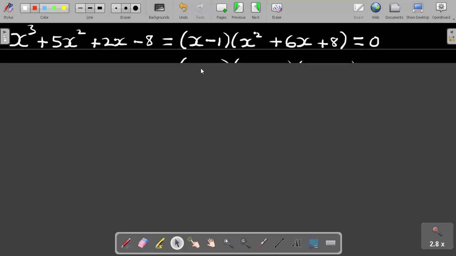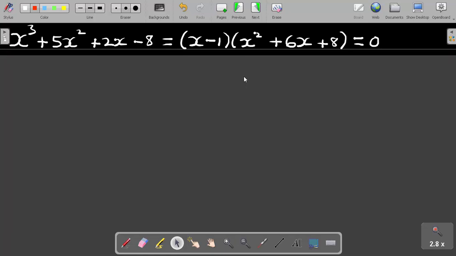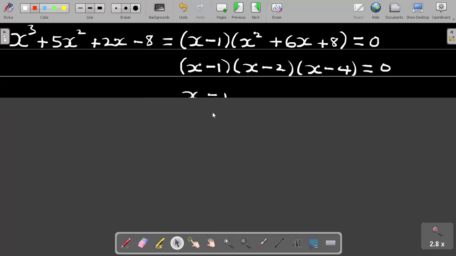So as you can see here, I have the a, b and c. But fortunately here I have got the factors: two numbers that multiply to give positive 8 and add to give positive 6. We have negative 2 and negative 4.